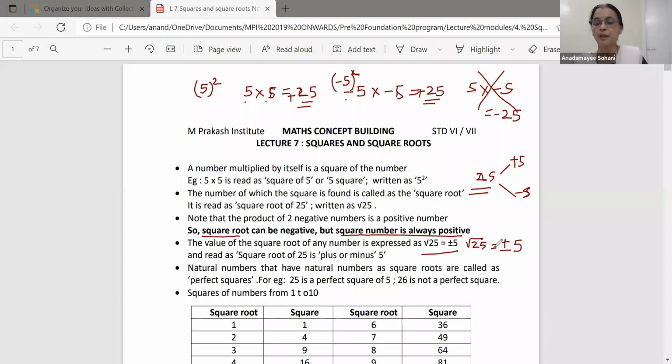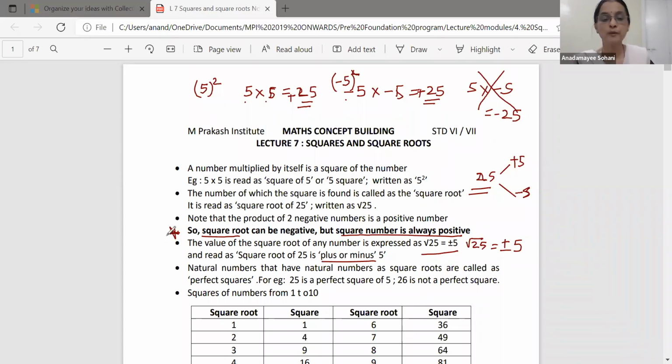We read it as square root of 25 is plus or minus 5. Very important property. You have to keep it in mind because this is sometimes used to generate multiple answers in MCQs. What is the square root of 25? Both plus 5 and minus 5 are correct answers. So this property can generate multiple options in MCQs.